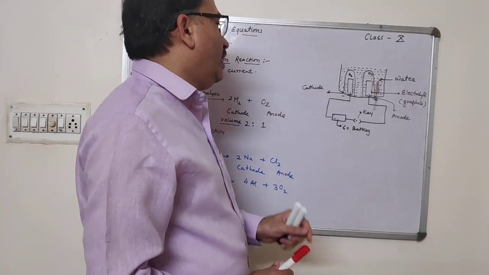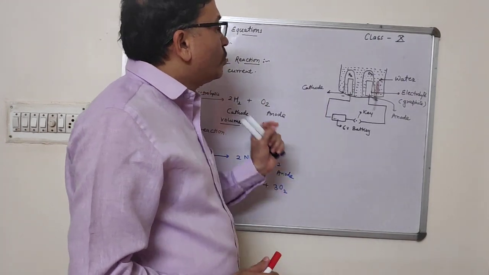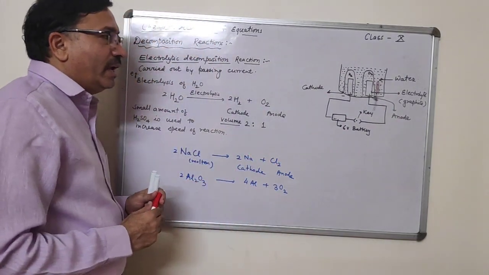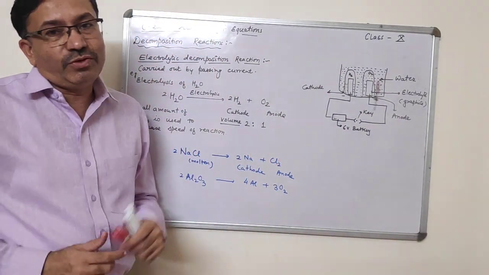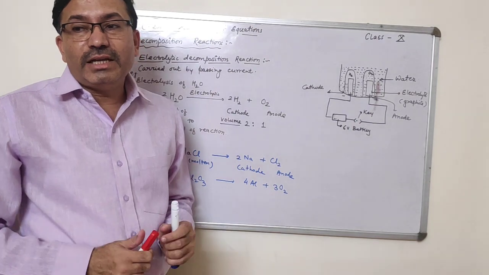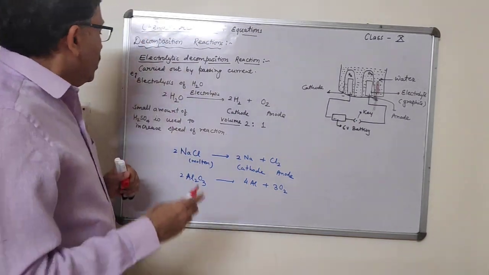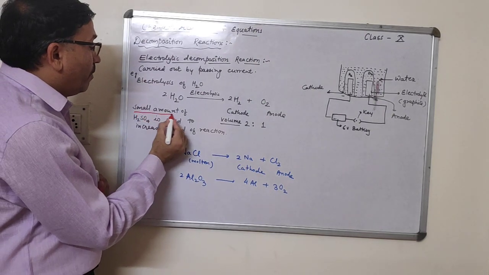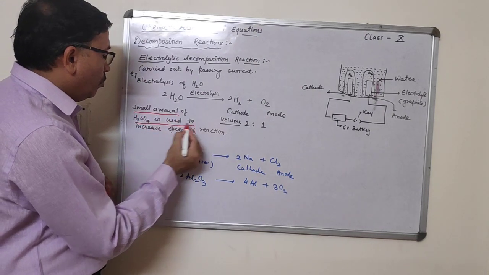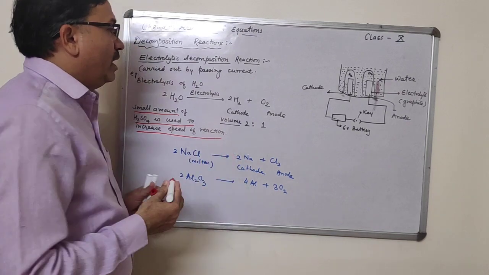And see, in this reaction, we add a small amount of sulfuric acid. Many times this question is asked: why is dilute sulfuric acid added during the electrolysis of water? This small amount of H2SO4 is used to increase the speed of reaction.